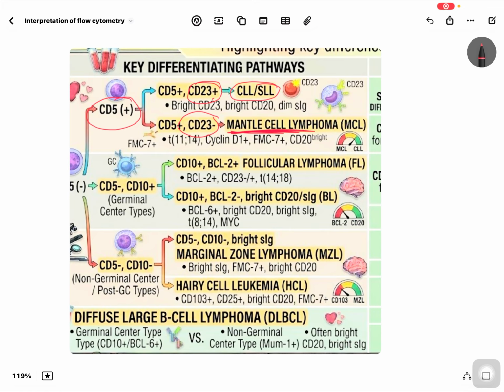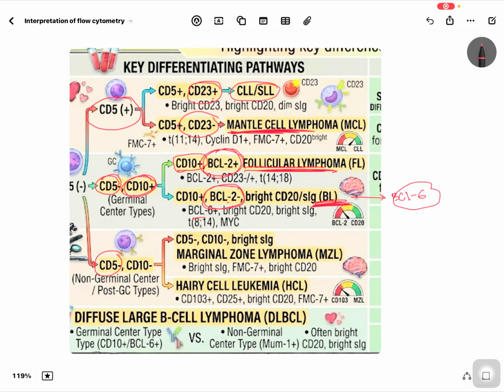Now in our exam, in this chart, it was CD5 negative as well as CD10 positive. If CD10 is positive, it can be either follicular lymphoma or Burkitt's lymphoma. But BCL2 is positive in follicular while BCL2 is negative in Burkitt's lymphoma. Understood? Instead of BCL2, BCL6 is positive.